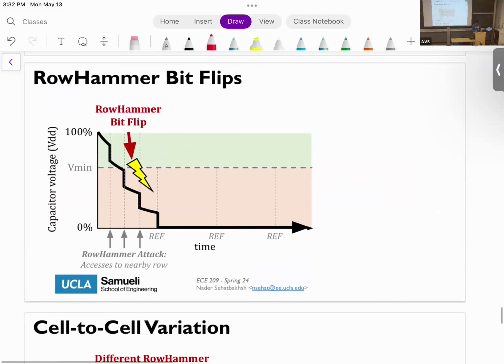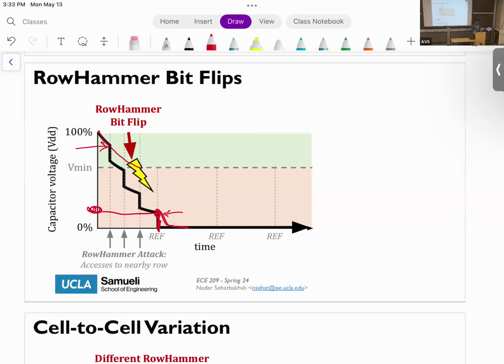If the attacker row keeps being opened and closed, I will see jumps in my discharge. As a result, by the time I was supposed to refresh, my voltage is at this point, and at this point it can no longer be recovered back up, because the refresh thinks that this was indeed 0. So after refresh it actually goes even further down.